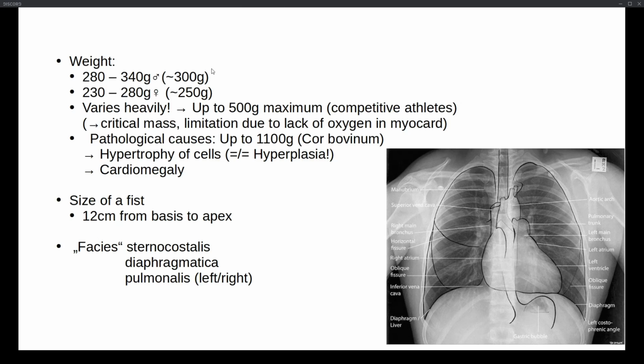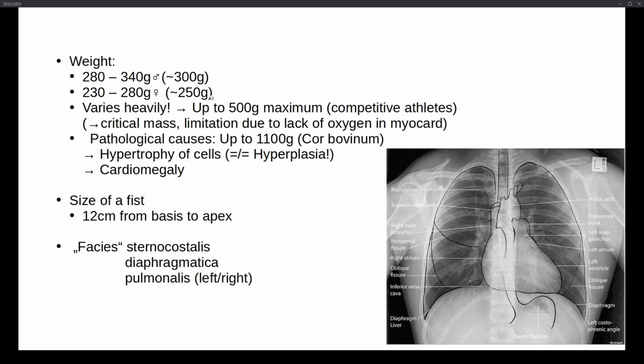The heart normally weighs about 300 grams in males and 250 grams in females, but it varies quite a bit because it depends on how much training or sport you do. The more sport you do, the bigger the heart gets.